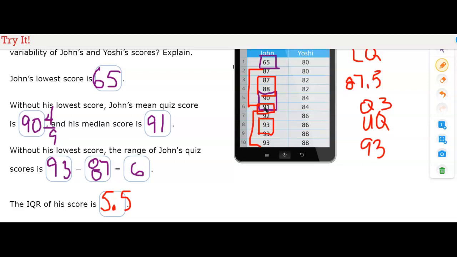And Yoshi might choose her IQR instead of her median, because her median would be in the 80s, but her IQR is saying that the spread of her grades is only about 5 points. So that represents her grades in a positive way. So that's why they would choose one or the other, or how it would affect their choices.